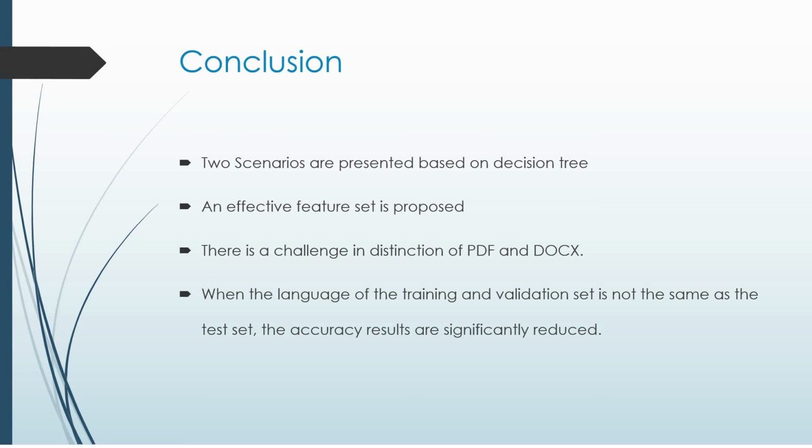Other than that, an effective feature set is proposed in this paper for classification of textual file formats. However, the distinction between PDF and docx is not very promising, and it does require more work to have a better classification between these two files.